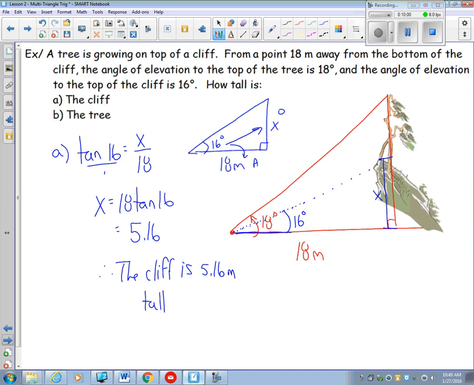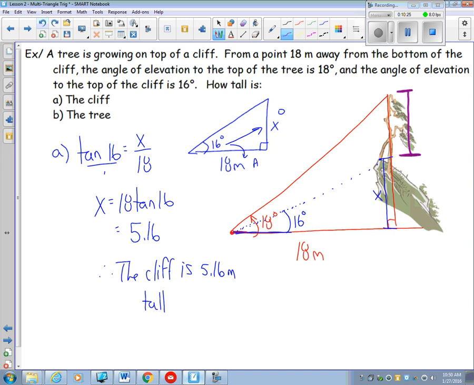Now the tree, I hope you would agree, change colors here, it'd be from here up to here, right? That part of a triangle is not really a right triangle. I can't really solve that. However, I know that in this initial thing that we started here, I had a big triangle to start, did I not?